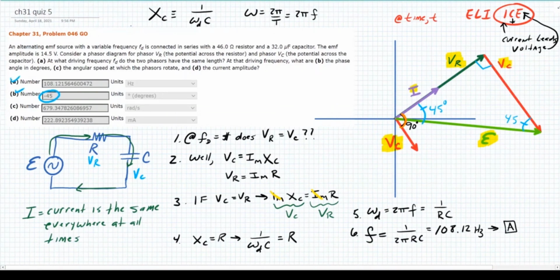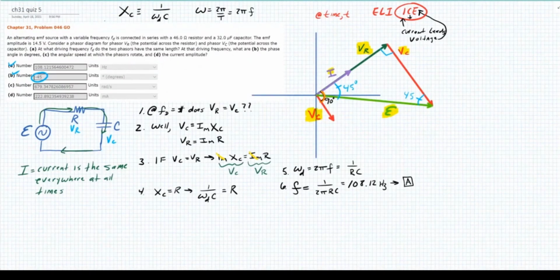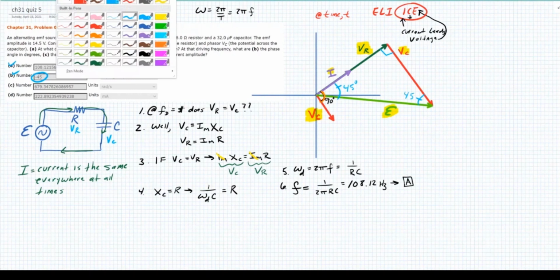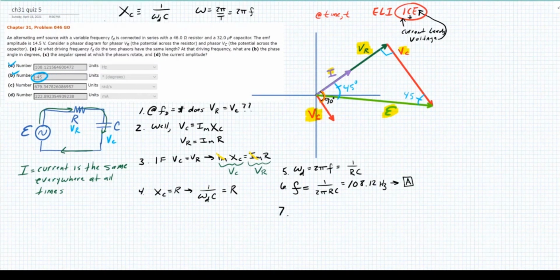Part C says the angular speed at which the phasors rotate. We have that. That equals, we have that. So number 7. Part C is saying omega D equals what.